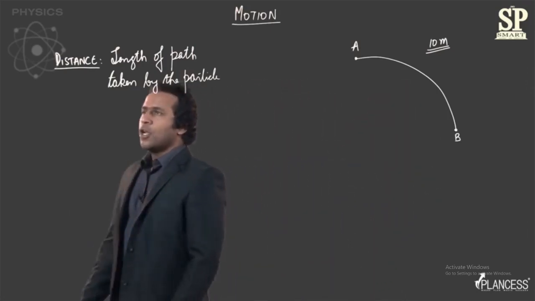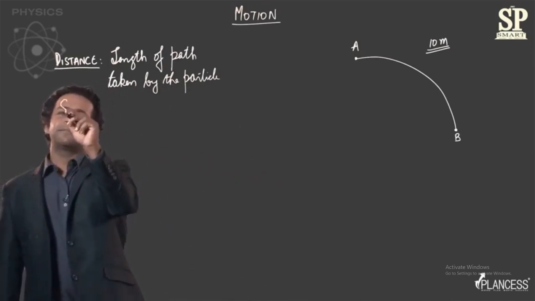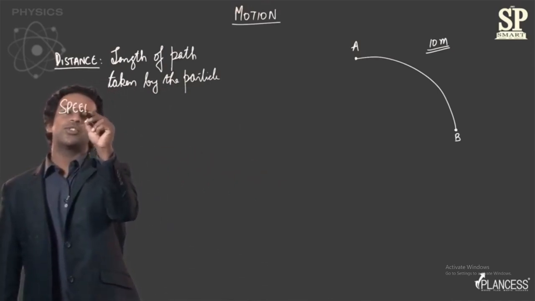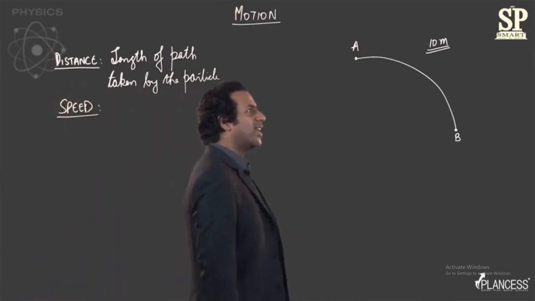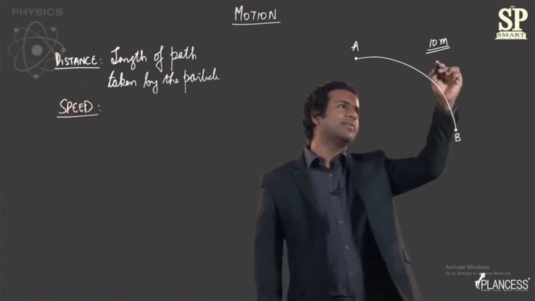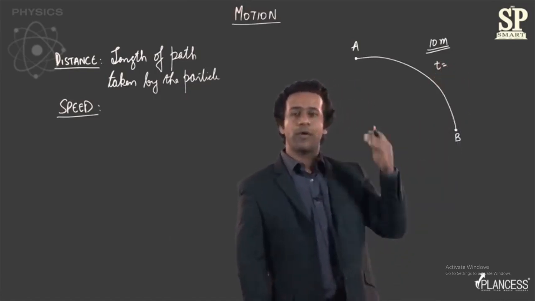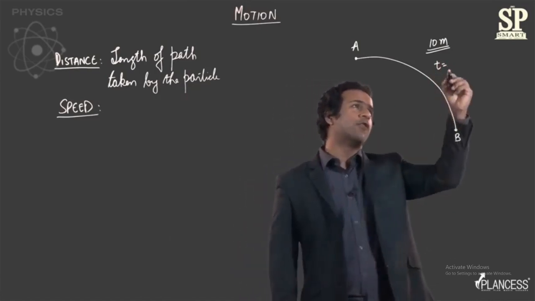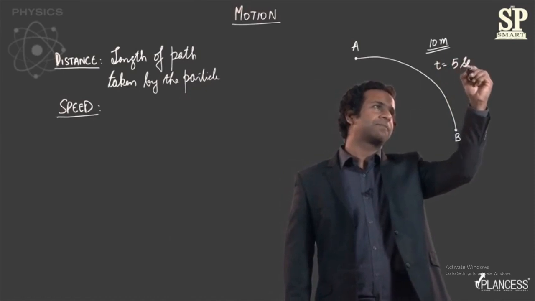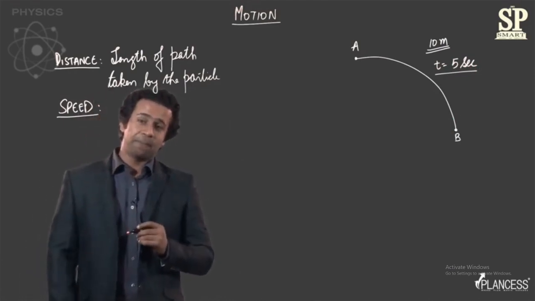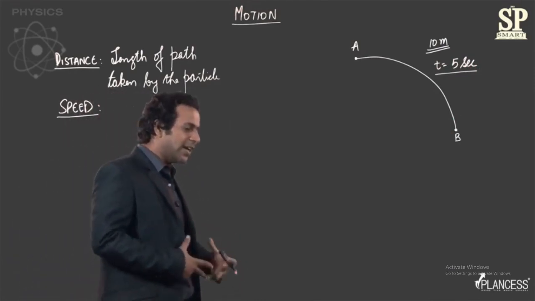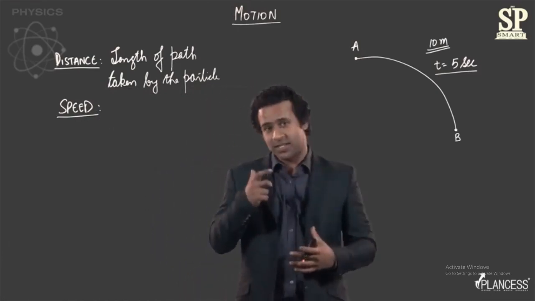Now the next thing used to describe motion is speed. Say additionally I tell you that the time the particle took to go from point A to point B was 5 seconds. Then the speed of a particle is basically the rate at which distance is covered.